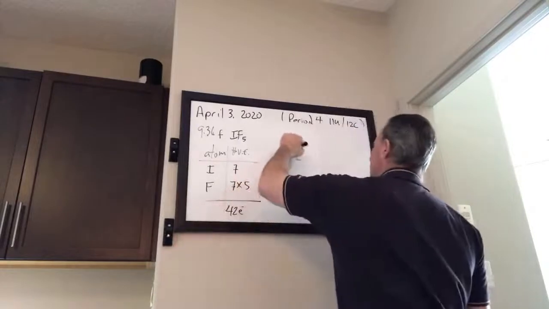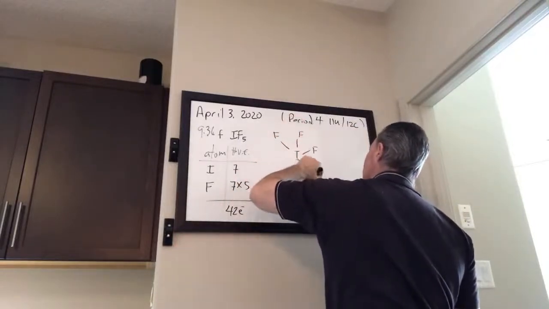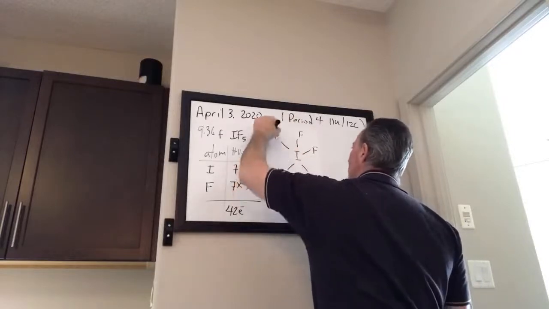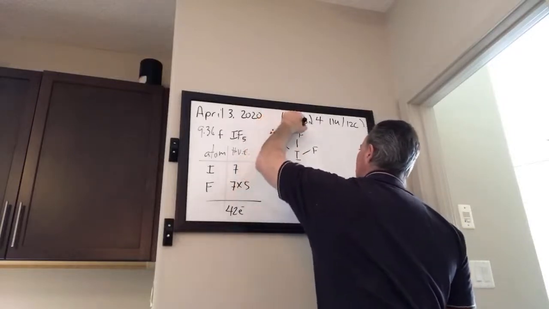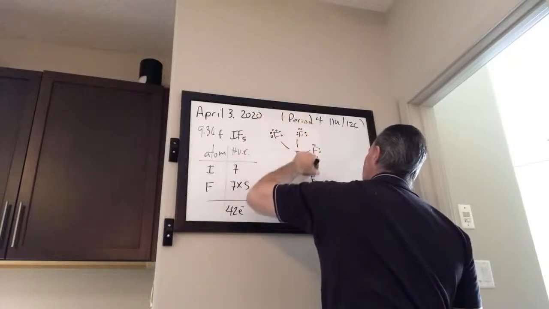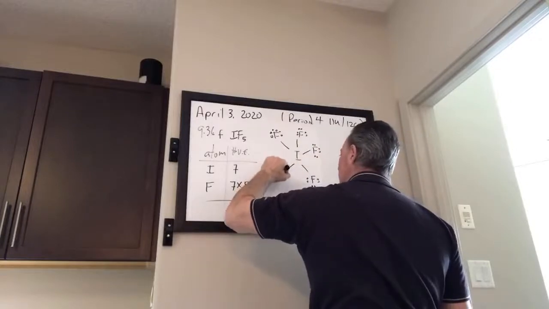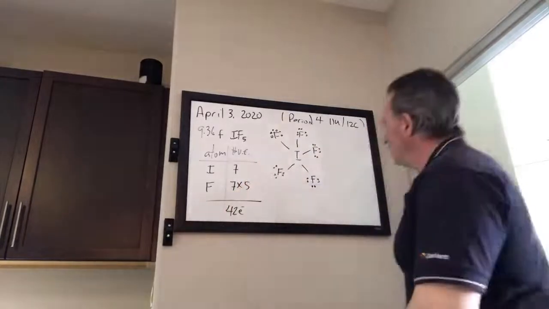You'll draw the iodine atom as the central atom, fluorines as your satellites. Let's draw the octets on this one, because I'm not sure how it looks. I'm just flying by the seat of my pants. But we'll figure it out, and it'll prove the power of VSEPR theory.